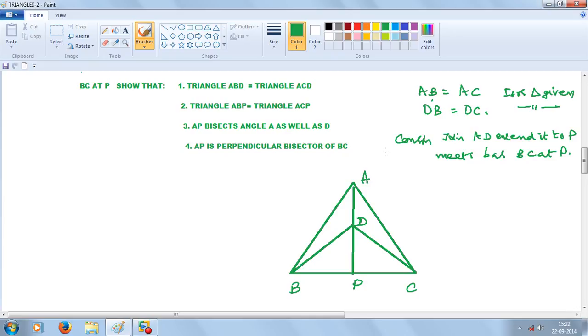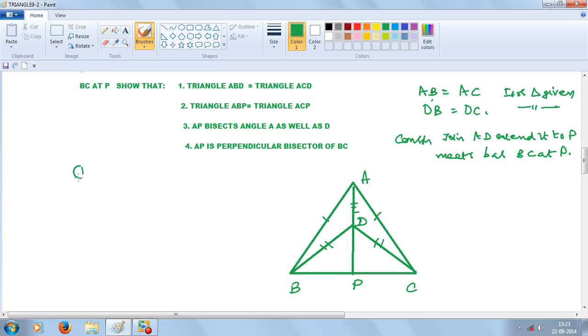So we will mark now what is the meaning. First, AB is equal to AC, isosceles triangle. Next, BD is equal to DC. So we show that triangle ABD is congruent to triangle ACD. It's very simple. In these two triangles, AD is common to both the triangles.